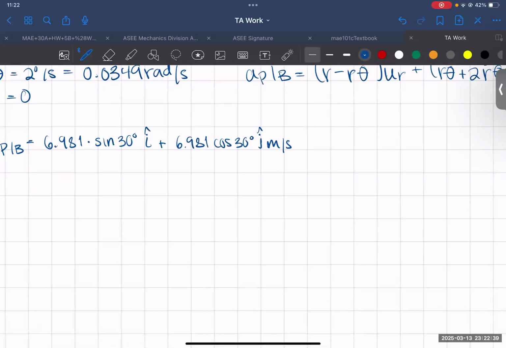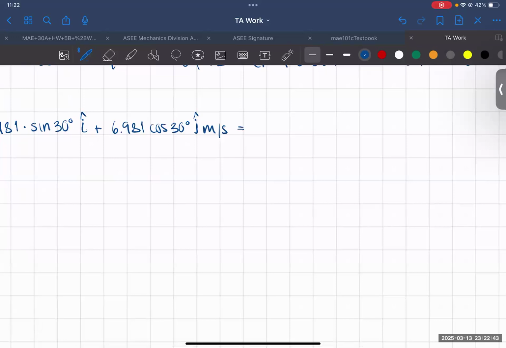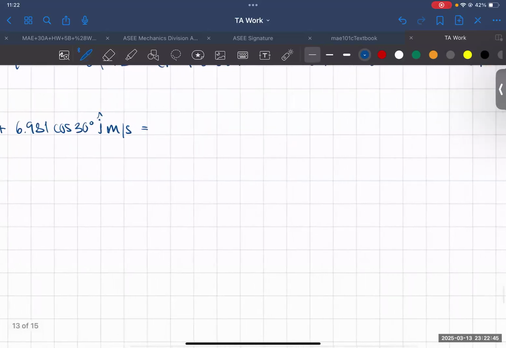This will equal 3.491 plus 6.046 meters per second.